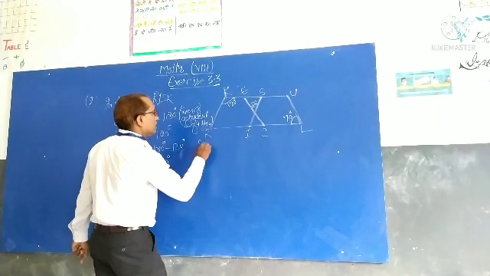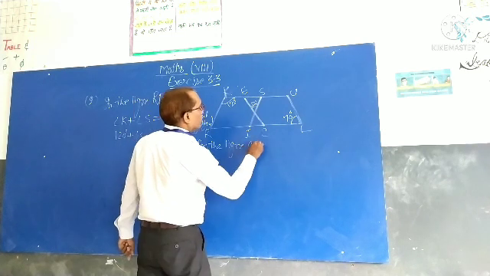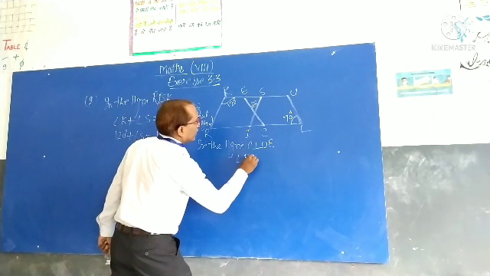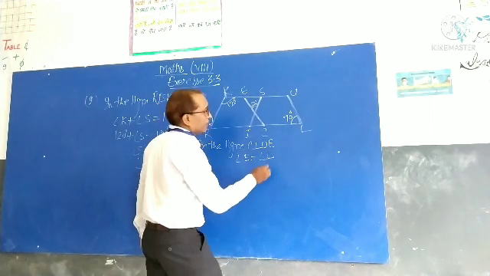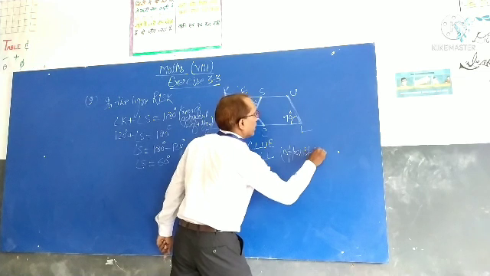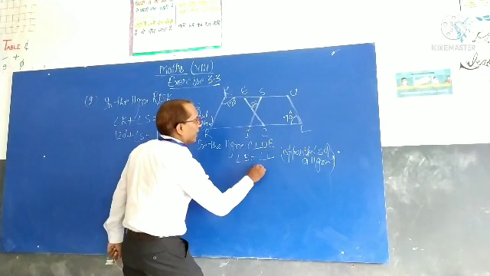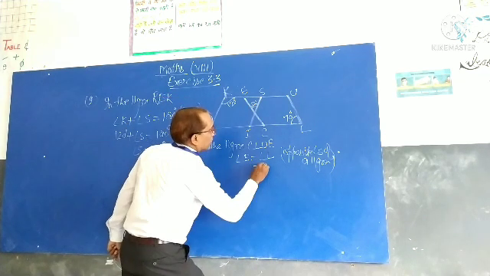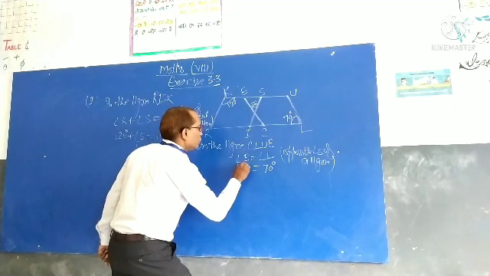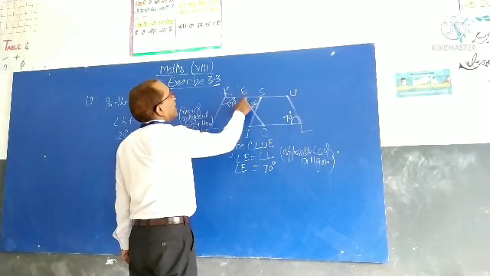In the parallelogram CLUE, angle E is equal to angle L, opposite angles of a parallelogram. Angle L is 70 degree. Therefore, angle E is equal to 70 degree. This means we got here angle E and angle S.